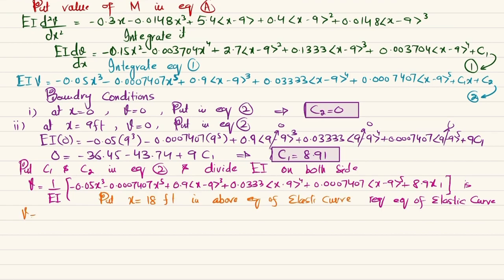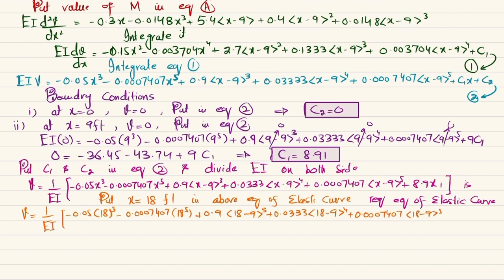You will get v is equal to 1 over EI, and that will be minus 0.05 into 18 cube, minus 0.000747 into 18 power 5, plus 0.9 into 18 minus 9 power 3, plus 0.0333 into 18 minus 9 power 4, plus 0.000747 into 18 minus 9 power 5, plus 8.91 into 18.